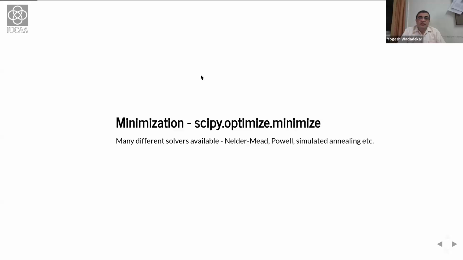And there are a number of very, very complicated, but very, very efficient and effective algorithms that are available in the literature. And what the Scipy developers have done is implement within scipy.optimize a number of these algorithms. Some of them are listed here, like Nelder-Mead, Powell, simulated annealing, and so on.